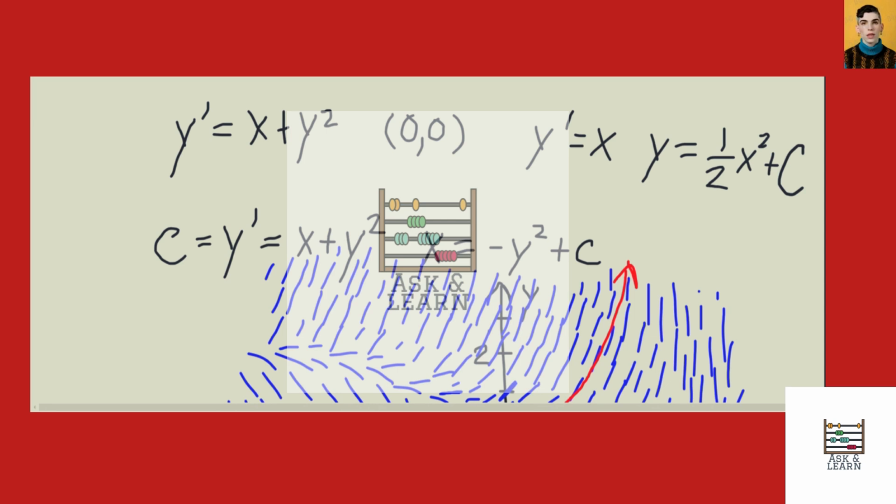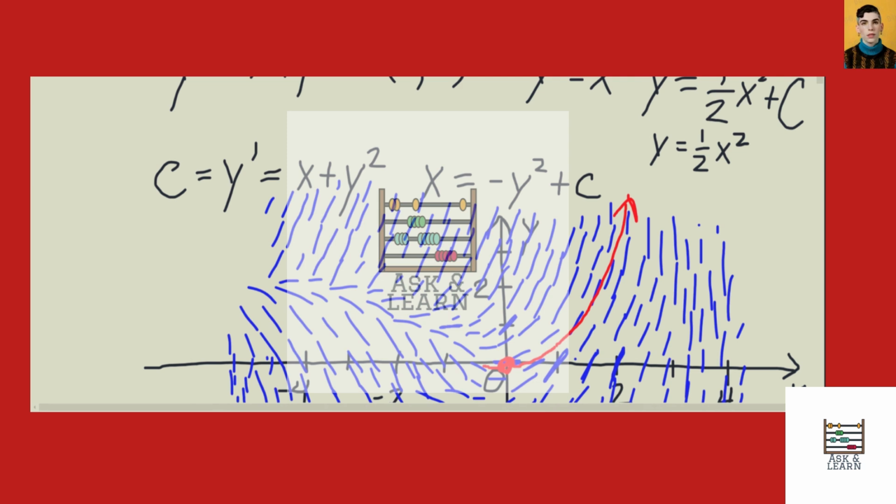Now, we know that we have the point 0, 0 in this solution. So we take c to be 0, y is simply 1/2 x squared, and so the slopes at these points, y prime, are going to be x. So the further you get away, the steeper the negative slope.